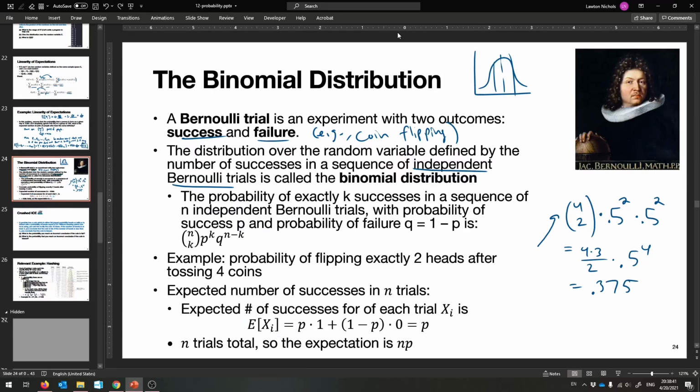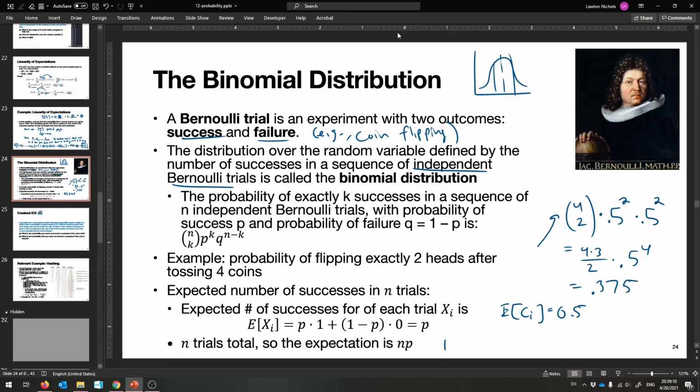So like if you flip 1 coin, the expected value of flipping coin i, maybe C_i or something, is exactly 0.5. You can expect it to land on heads half of the time. 0.5 heads is what you expect to see if you flip 1 coin. That's the idea. And so if you have n trials, this is a constant, and we know what we can do there.